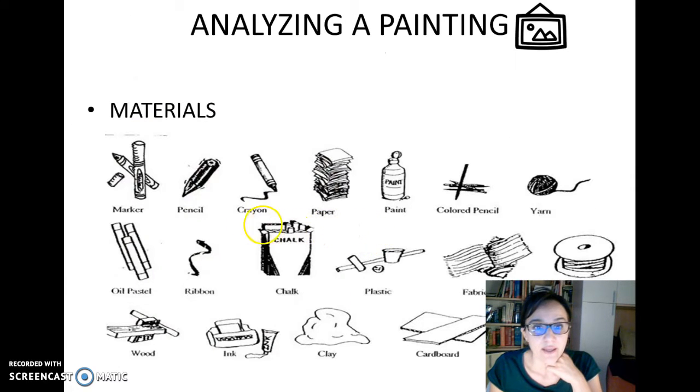Then you have to talk about materials too. What are the materials used to paint the picture you are looking at? For example, markers, pencils, crayons, colored pencils, yarn, oil pastels, ribbons, chalk, plastic, fabric, wire, wood, ink, clay, cardboard, metal, and so on and so forth.